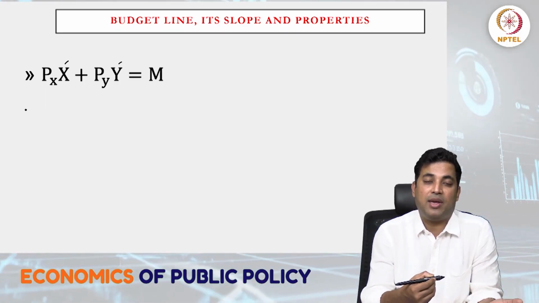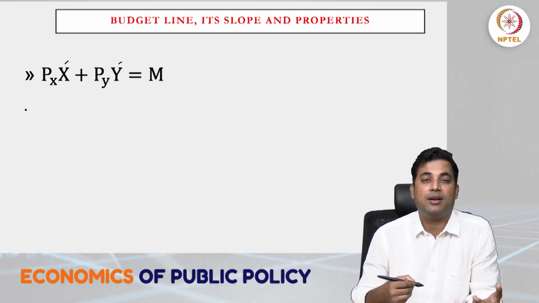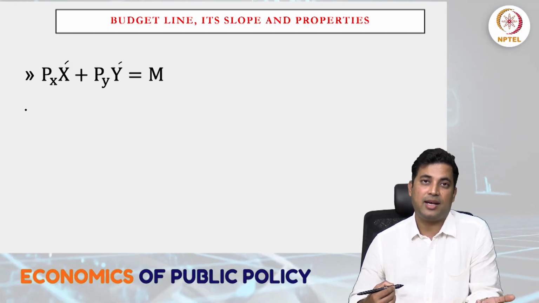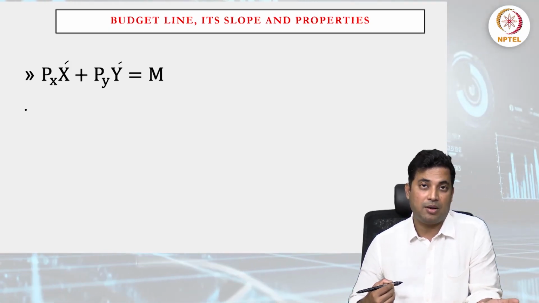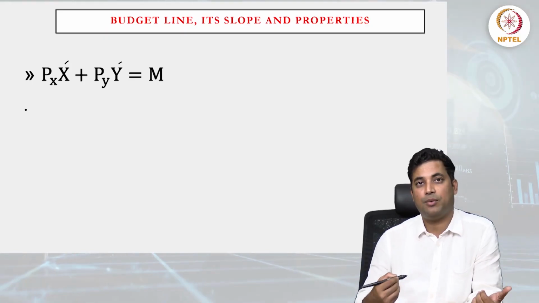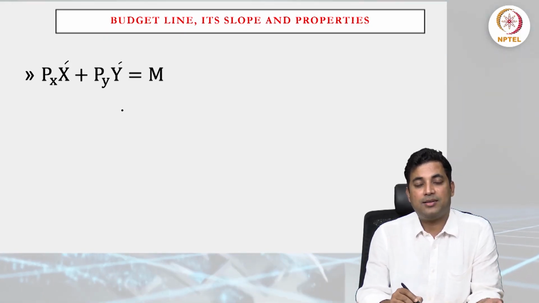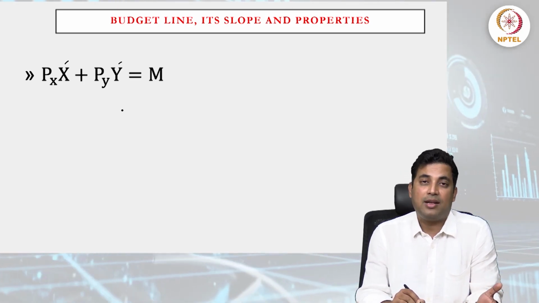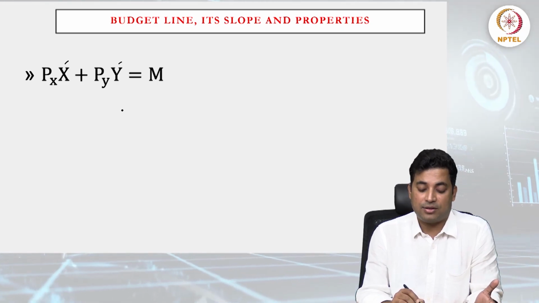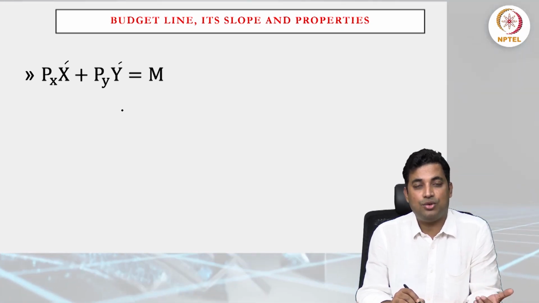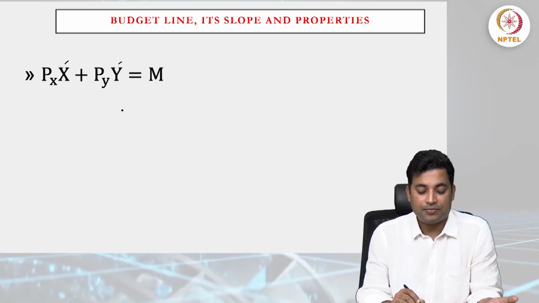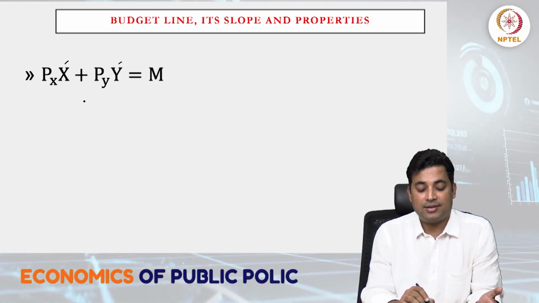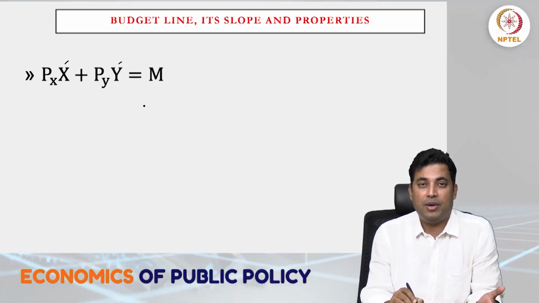The product Px X is the value of X, and likewise Py Y is the value of Y. If we consider only two goods, X and Y, keeping all other factors constant, then the total budget to demand X and Y will be Px X plus Py Y equals M.